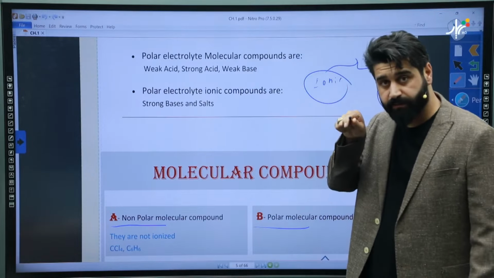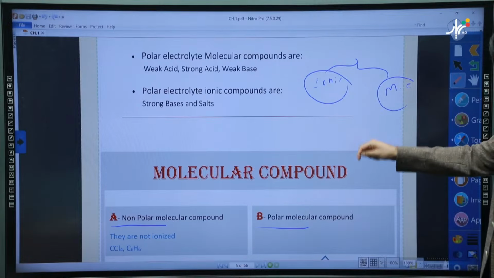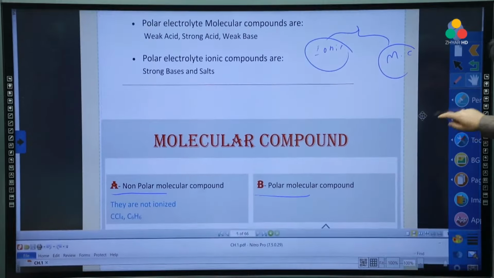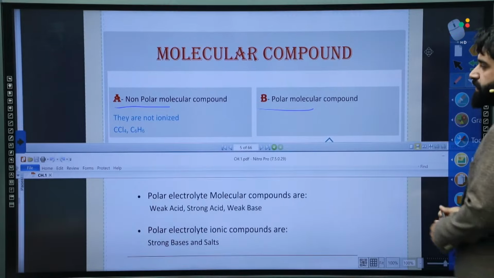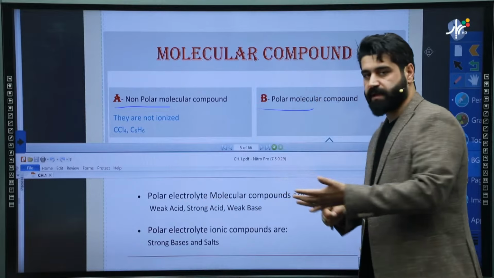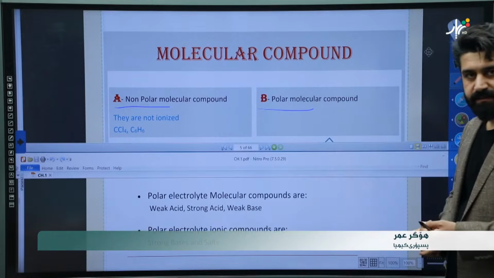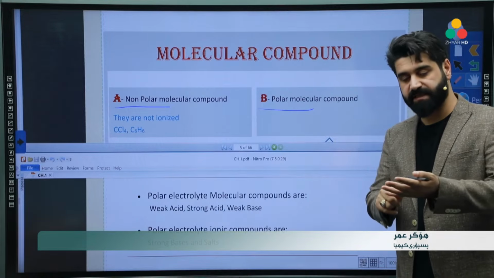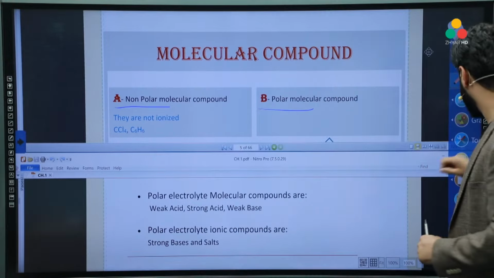For nonpolar, we have compounds that can dissolve in nonpolar solvents, such as benzene, oil, and gasoline. But for polar, we have electrolytes and non-electrolytes.